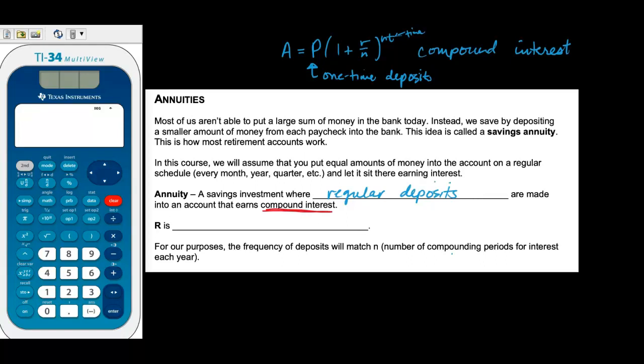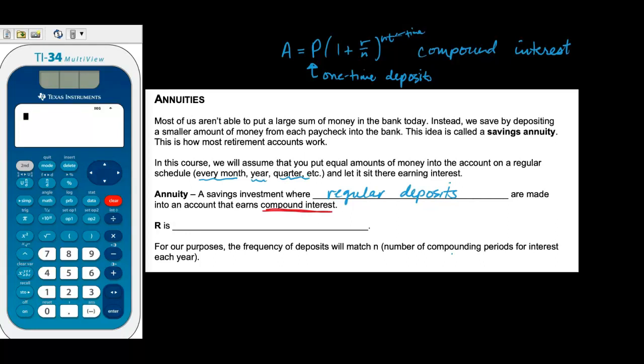Those deposits could be every month, every year, every quarter, etc. It allows people who don't have this large sum of money to deposit at one time, which is, let's face it, most of us, to save money using compound interest, maybe even with deposits that come out of the paycheck. So it makes it a little bit easier to save.